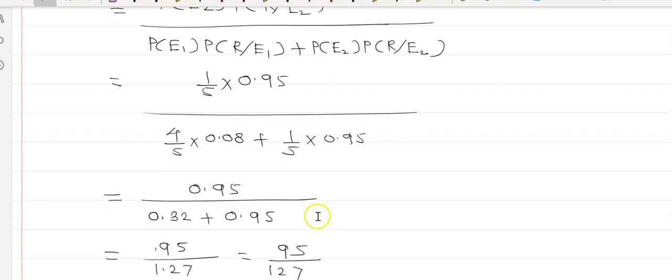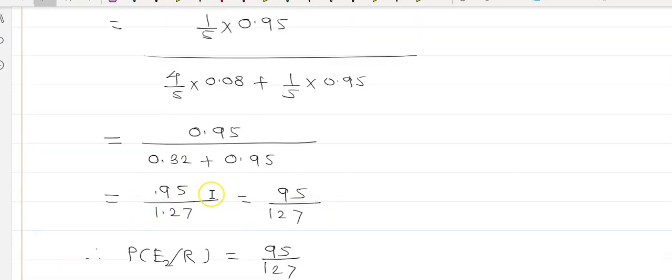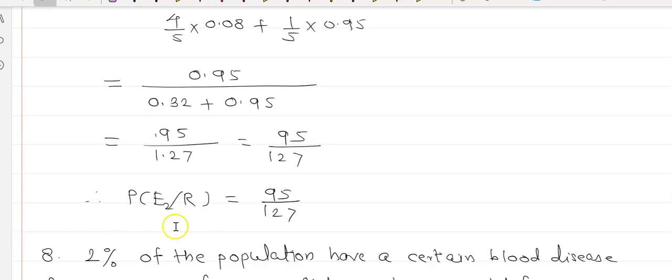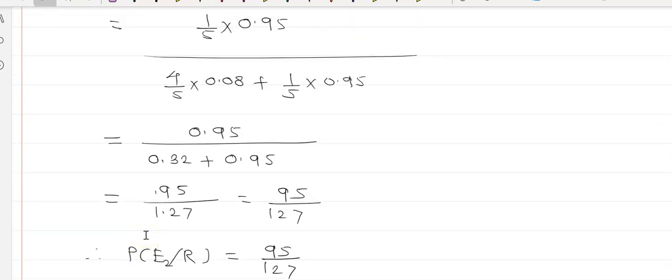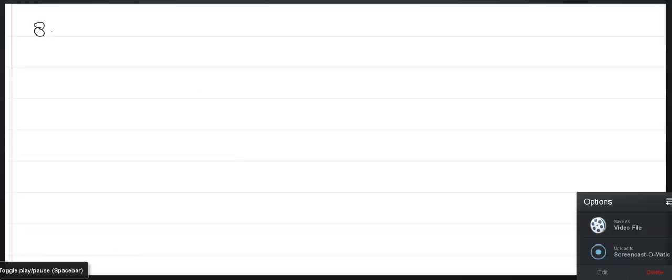That is 0.95 upon 0.32 plus 0.95, that is 0.95 upon 1.27, that is 95 upon 127. Therefore, the probability of E2 conditional R is equal to 95 upon 127. Again, I am repeating: to understand this type of problem, read the problem a number of times, then you can understand it.